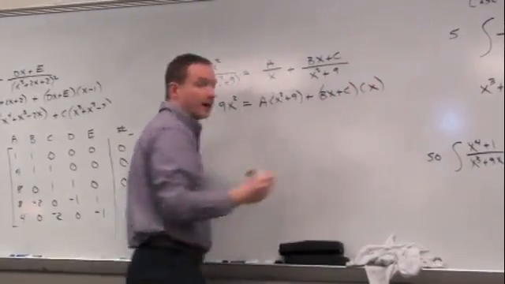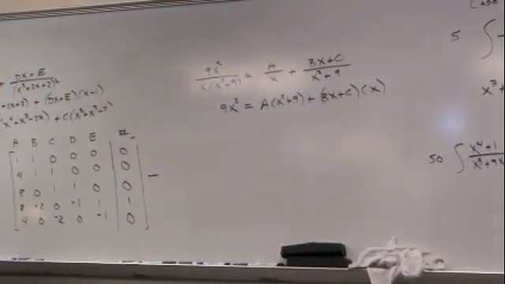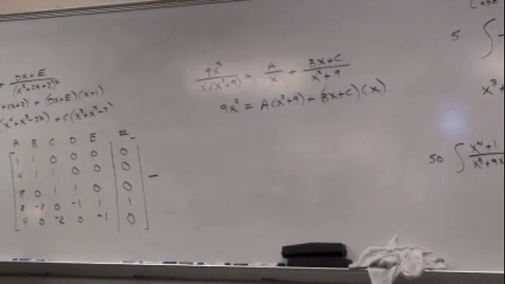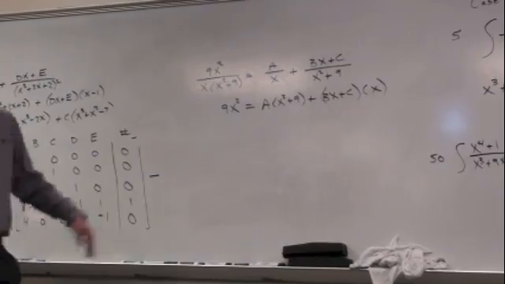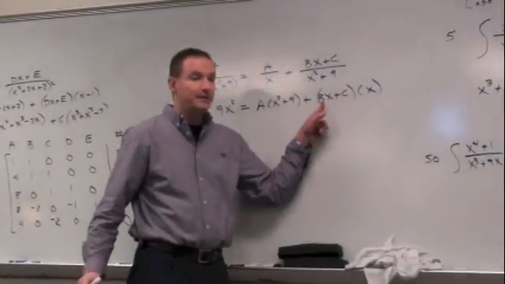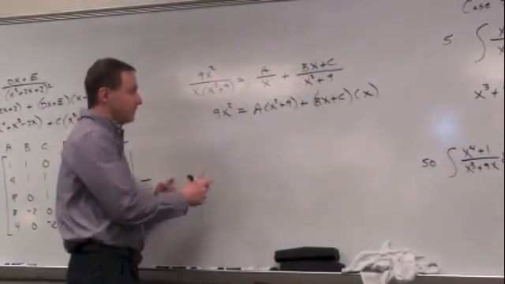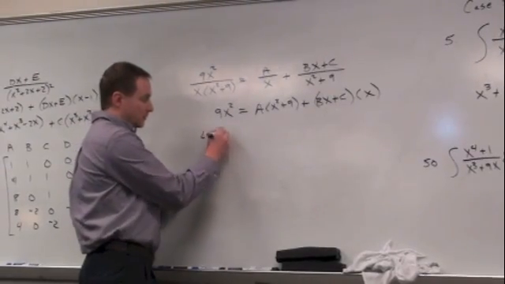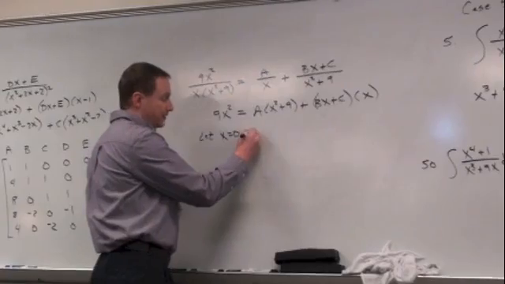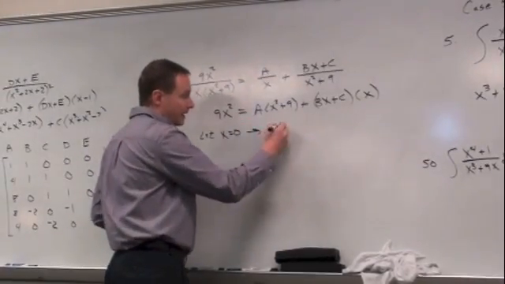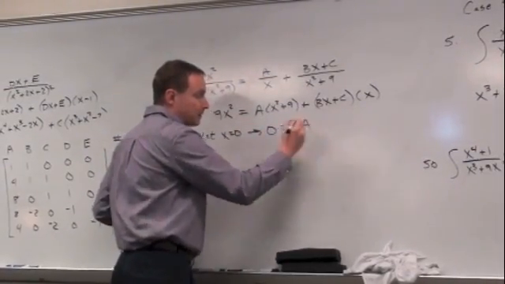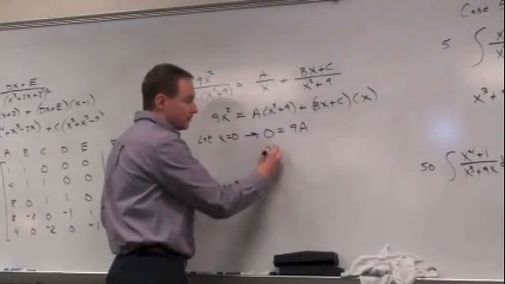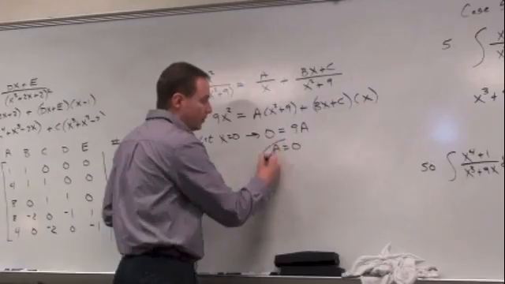times x. So I can say, okay, if I allowed x to equal 0, that gets rid of B and C. And if x is 0, the left-hand side is 0. The right-hand side would be 9A. So we know A is 0. That helps.